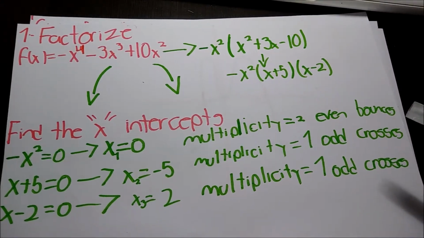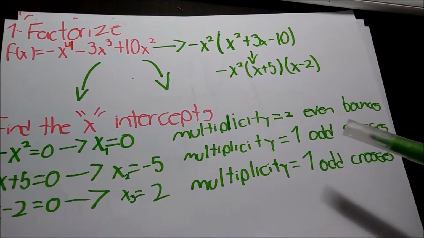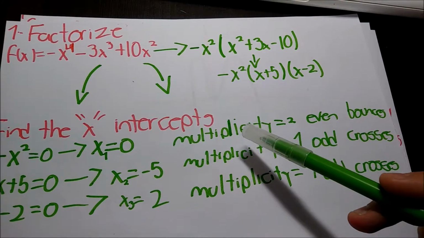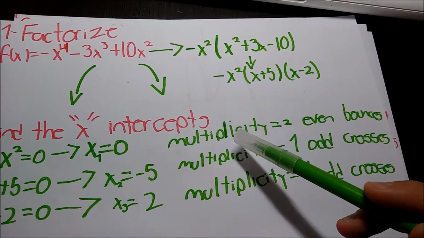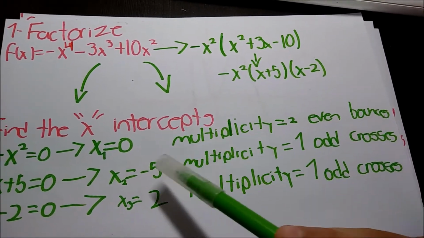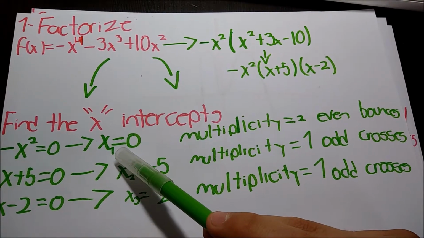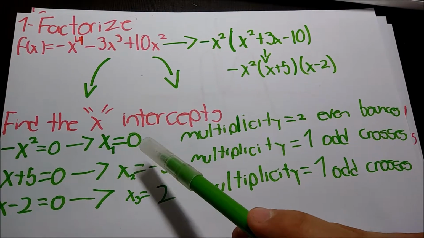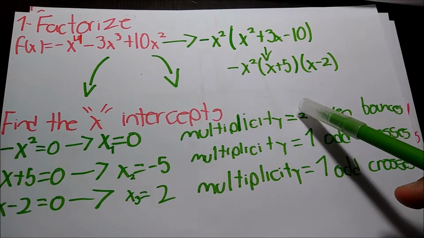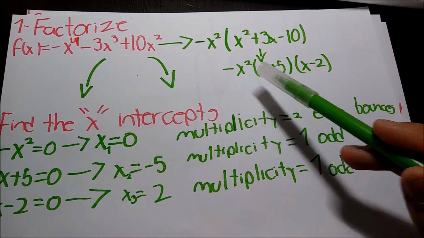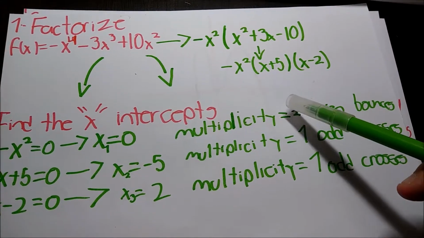Then we must take note that we have a multiplicity. A multiplicity is equal to the degree. For example, the first, the degree of x squared, from 0, is equal to 2 because we get it from minus x squared, so the multiplicity is 2.